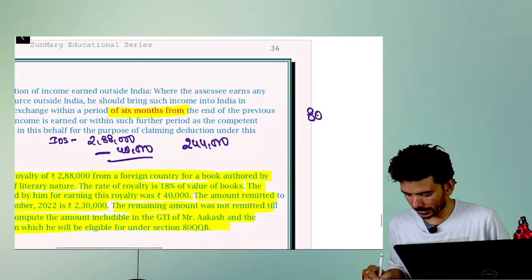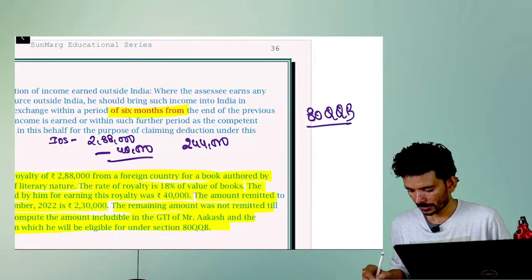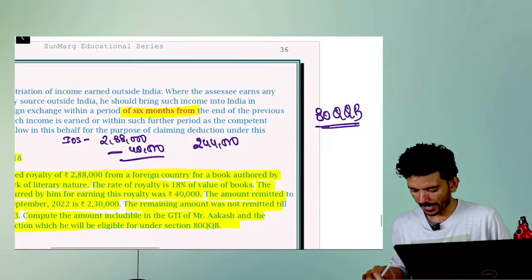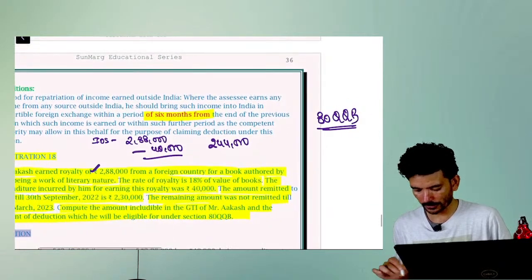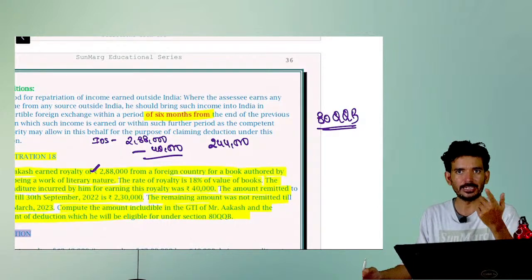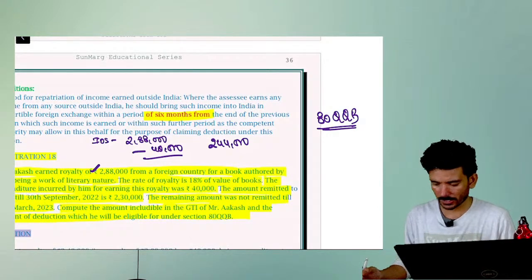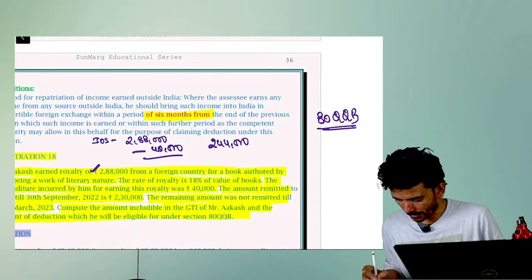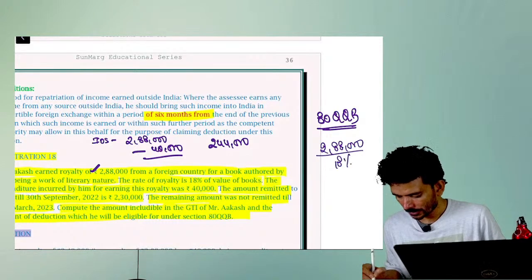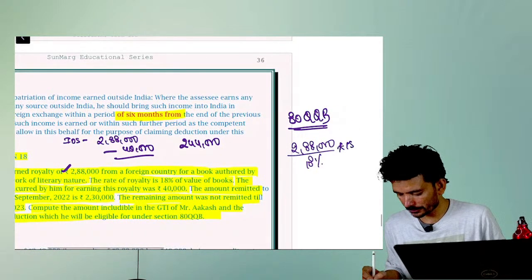Coming to 80QQB, see, 18% is received, 2,88,000, right? The provision is saying before expenditure. So 2,88,000 is for 18%. What would it have been if it was for 15%?